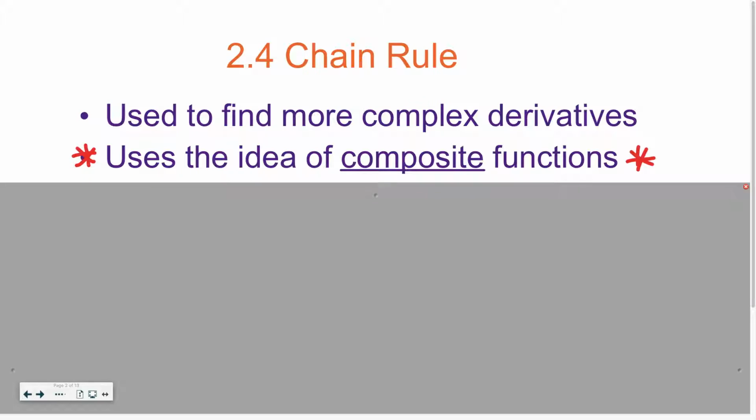Can somebody give me an example of the composition of two functions? Yes? Would that be like the original function and then f? No, because you're thinking of separate. I'm thinking of two functions composed together.